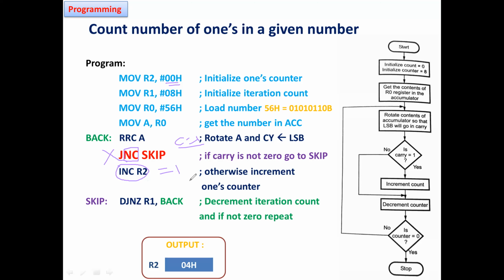So from this you can understand that we have obtained a carry. We have 1, so that there is a 1 in a given number. So initially there is a 1 bit for the one rotate condition. So if you go on rotating right side with carry, from the carry bit you can understand whether there is a 0 or 1.